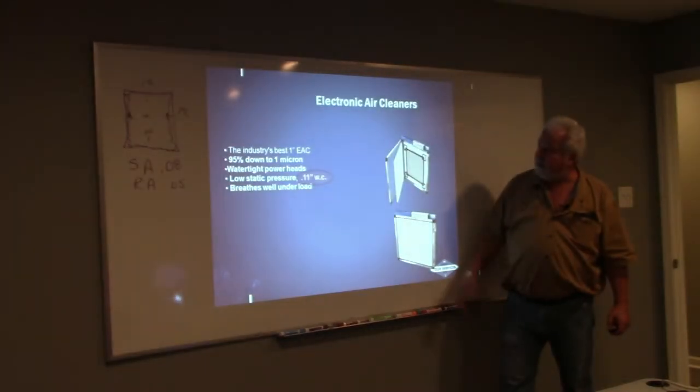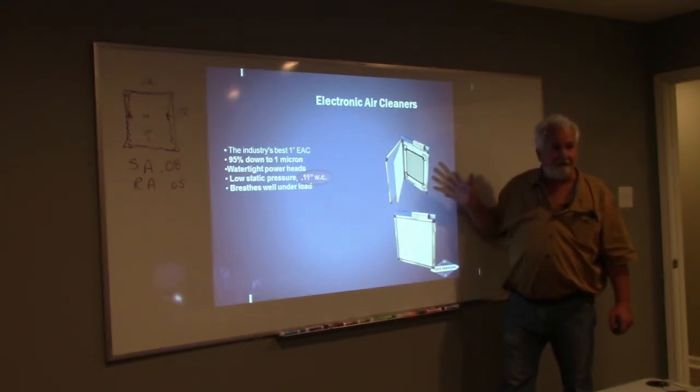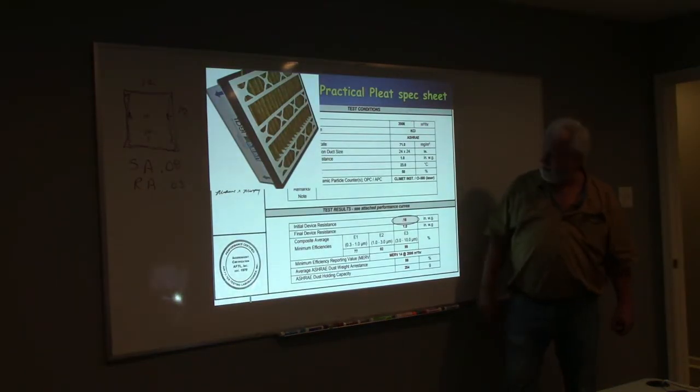All right, look at this one. It's 0.11. Every filter, every grill, everything's going to be different. This one's 0.11. There's one of those practical pleats. 0.16 is their initial resistance. That's not a bad resistance for a pleated filter. So we've got a pretty good resistance on there.